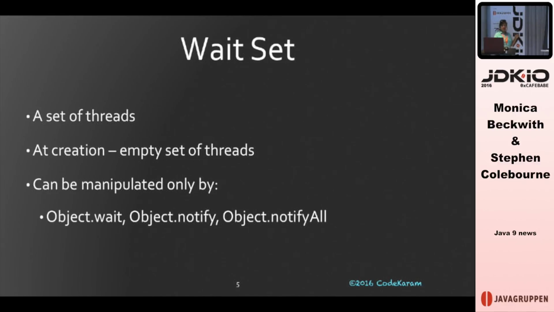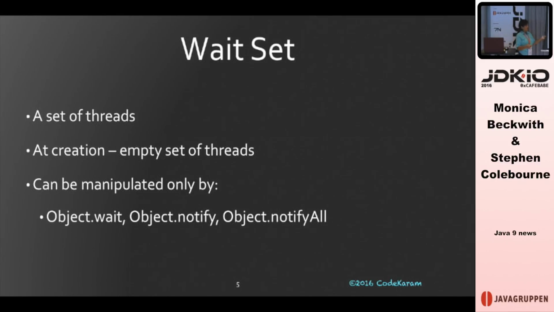Now, there's also a set of things that we need to know. I may not be able to touch it today, but we should talk about wait sets, okay? In addition to having the monitor for the object, it also has a wait set. It's basically a set of threads, based on how much contention you have and what you want those threads to do. At creation, it's just an empty set of threads. The way it can be manipulated is that you can call object wait, which means the thread will wait.